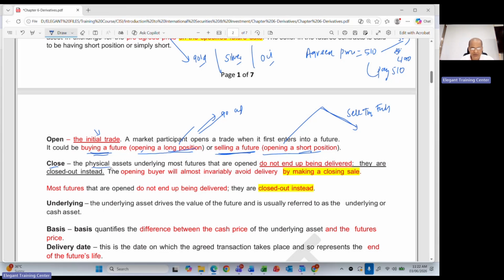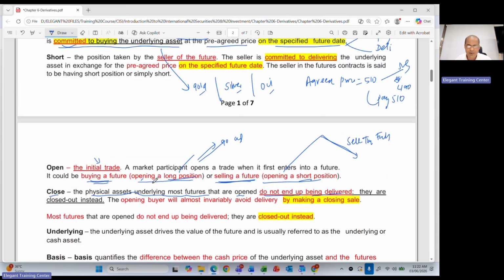Close means what? The physical assets of the underlying. Most futures that are opened do not end up being delivered. Let's say, for example, you have a gold future and the agreed price was 510. In July, let's say the price is 520.